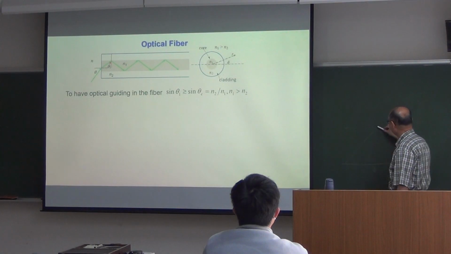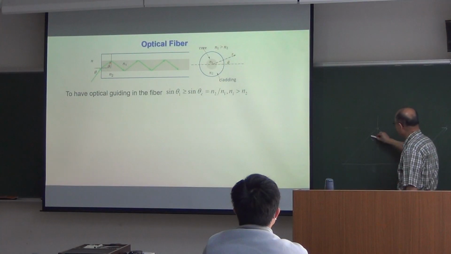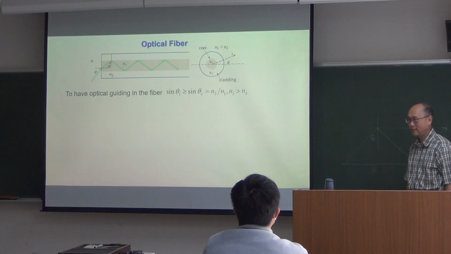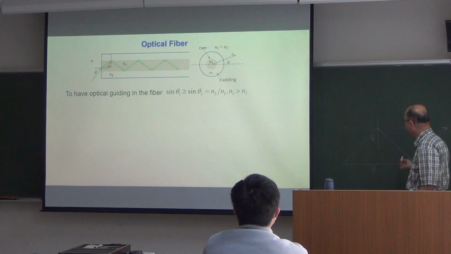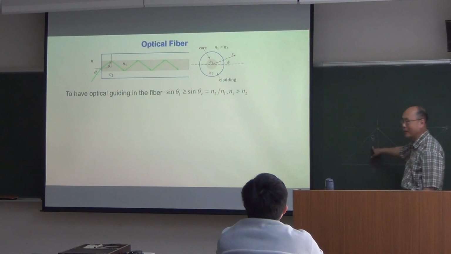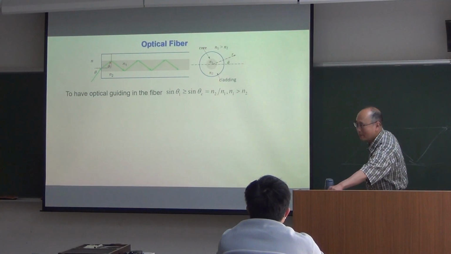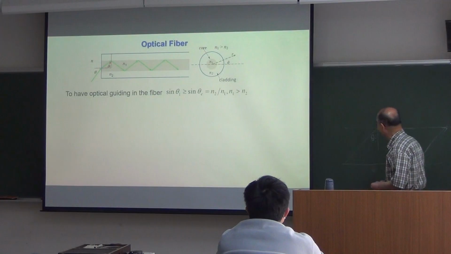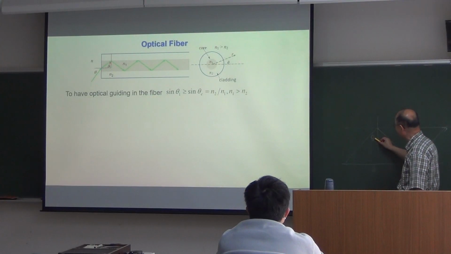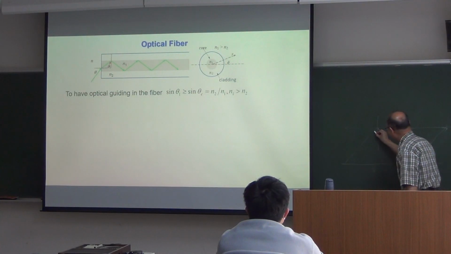The light can do this at some angle, right? If I send a signal inside some waveguide or optical fiber, it can propagate with a certain angle. This is the signal associated with this. Let me call this angle theta.